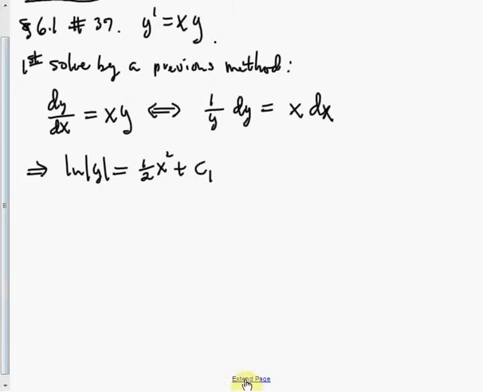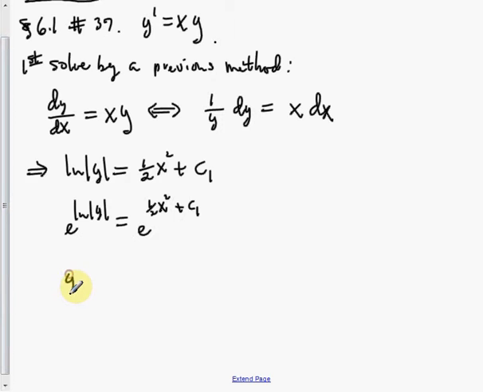And if we exponentiate both sides, we have e to the natural log of the absolute value of y is equal to e to the 1/2 x squared plus c sub 1.